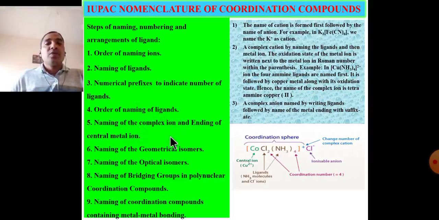Naming of the complex ion and the ending of the central metal ion.